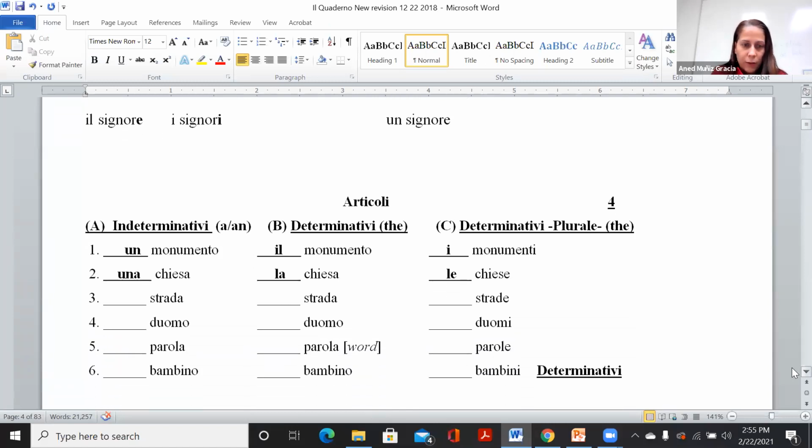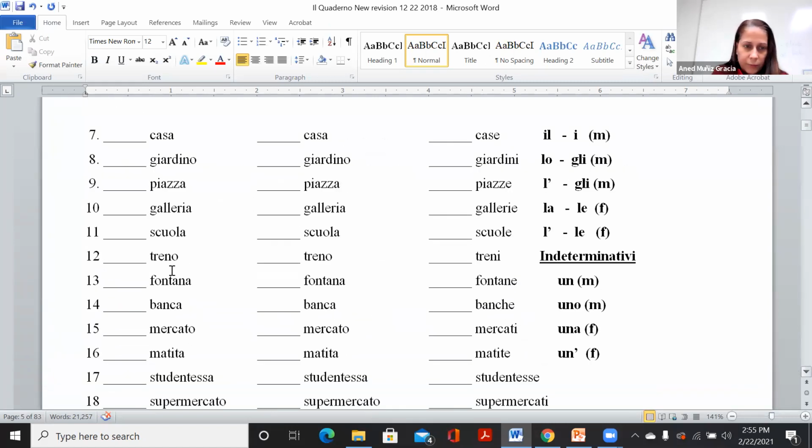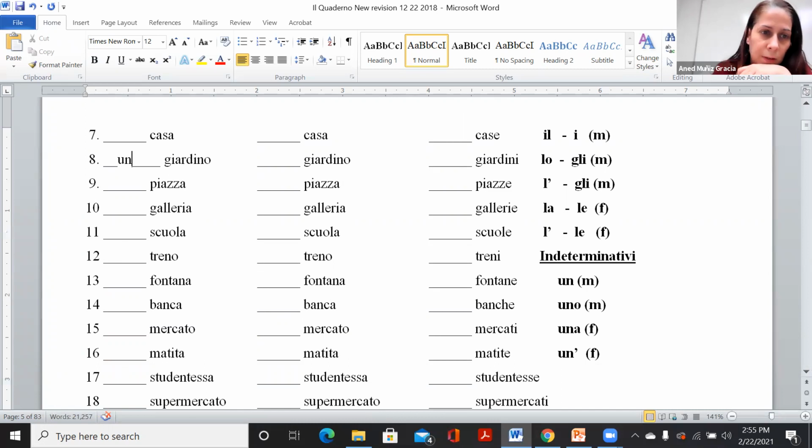La pagina 4, you only have on the first column, this is all going to be indeterminativo, un or una. Un without the apostrophe, obviously, because it's masculine, or una, because they all begin with consonants.